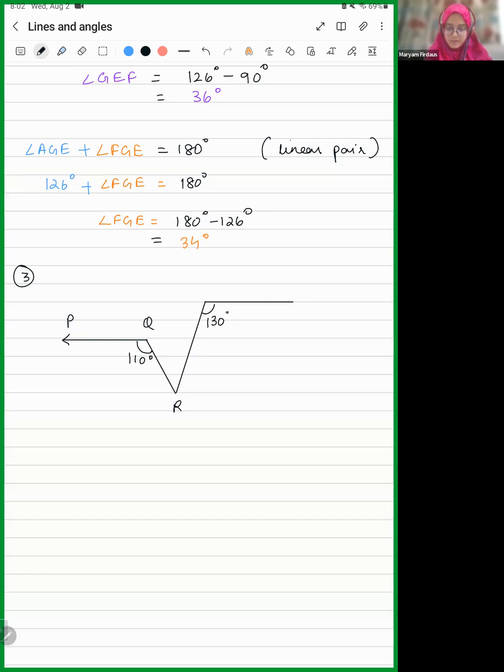This is S and this is D. Here, you have been told that PQ is parallel to ST. So they both are parallel lines. You have to find angle QRS.